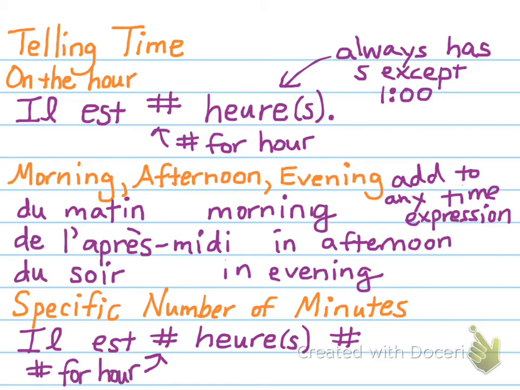And again, I put that S in parentheses. Remember, most times it'll have an S on it, except 1 o'clock. And this number is the number for the minutes. So again, if it was 3:26 in the afternoon, then it would be il est 3h26 de l'après-midi.